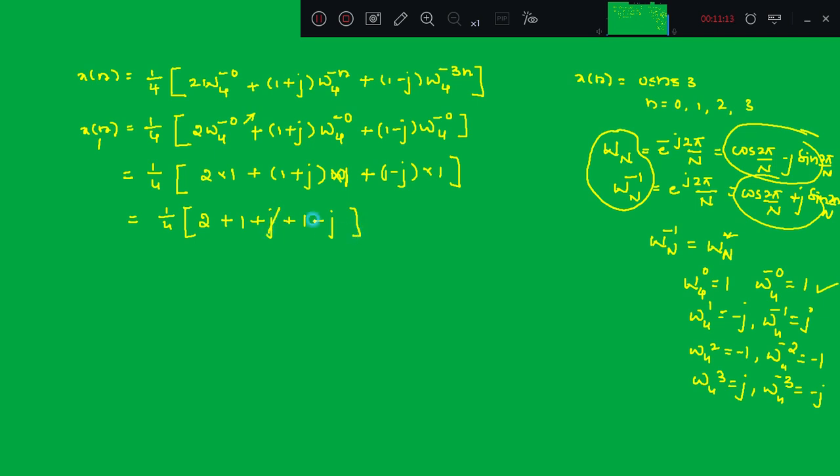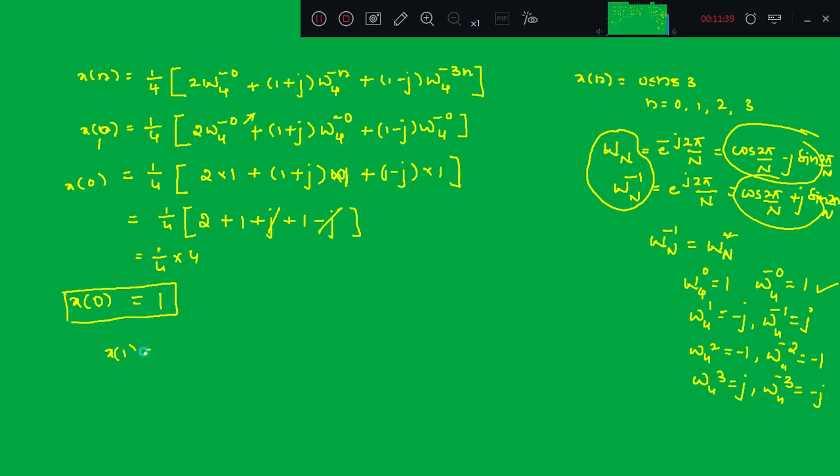So this plus j and this minus j get cancelled. 2 plus 1 is 3, 3 plus 1 is 4, and multiplied by 1 by 4, you will get 1. So x of 0 is equal to 1.